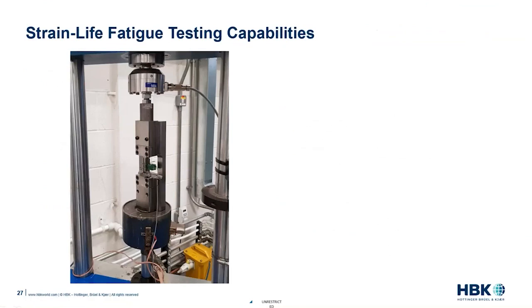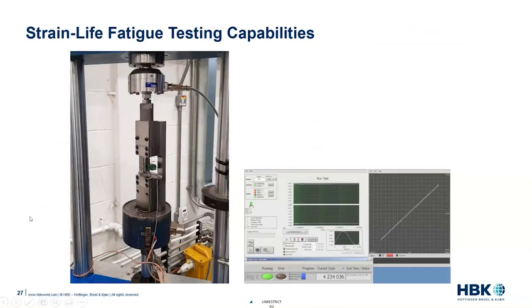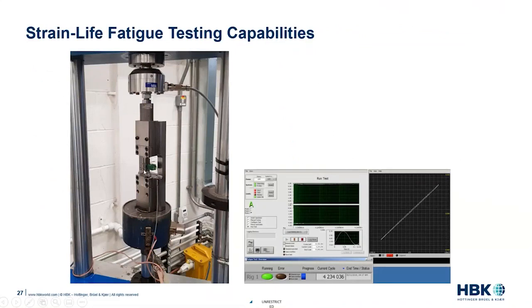In a one-slide summary of fatigue testing, a DesignLife fatigue test rig, we see the grips holding a specimen. We see the gauge measuring the strain in the specimen itself.